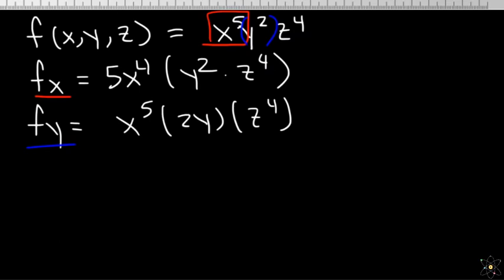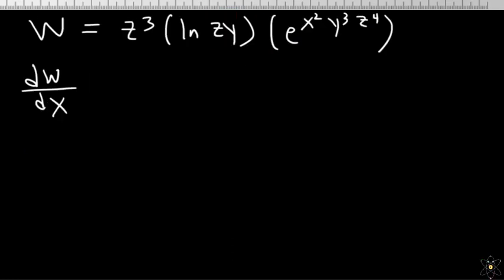So let's start with dw/dx. Do we need to use the product rule for this? In terms of x, we have a constant and a variable. So we do not need to use the product rule. z to the third is a constant, so we can rewrite it. ln zy will be treated as a constant.